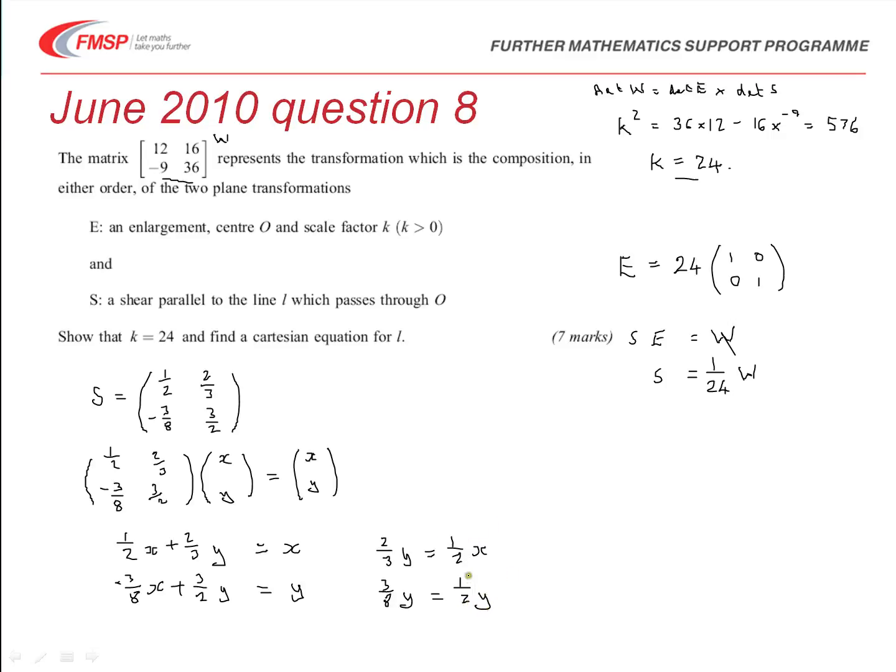Basically, those are the same equations because they're saying that x must therefore equal 4/3 y, or y equals 3/4 of x.